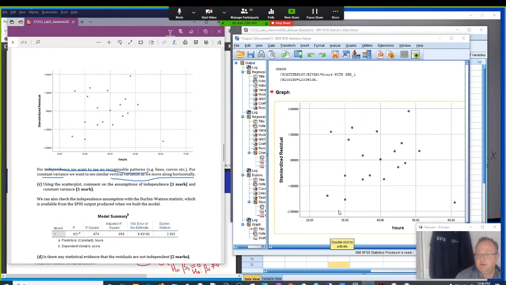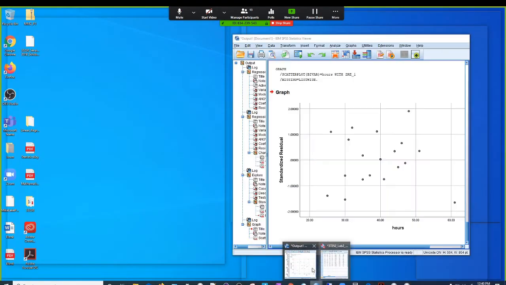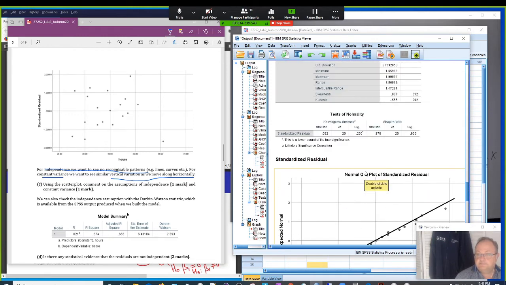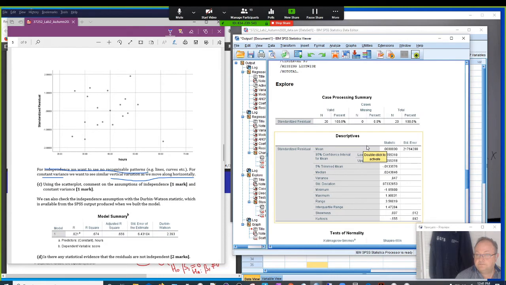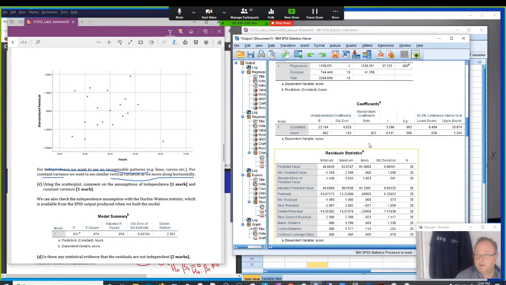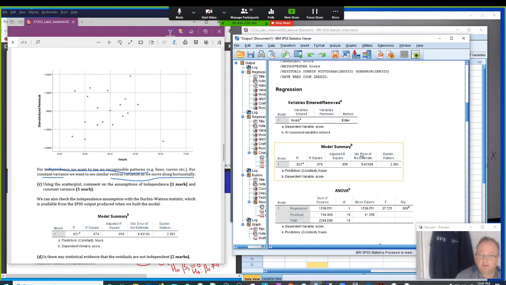So we're checking this value here, and I just want to get the other one. There we go. Sorry, I'm just having a look for our model summary. There it is there.